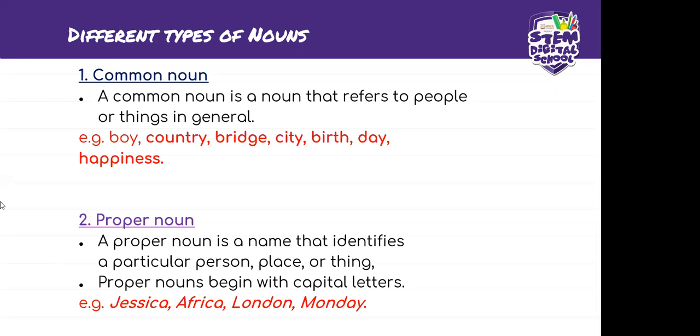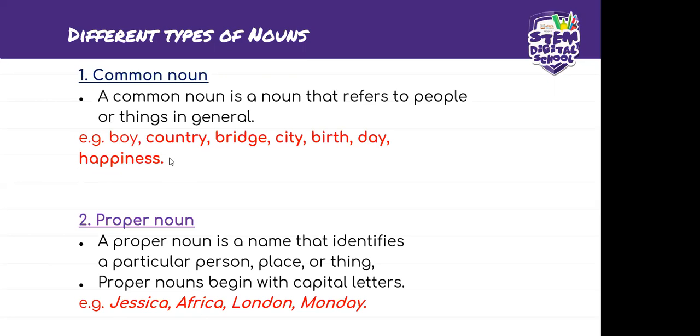If you look at the examples I gave for proper nouns and the ones for common nouns, it was intentional that I wrote my common noun examples in small letters, but proper noun examples in capital letters.